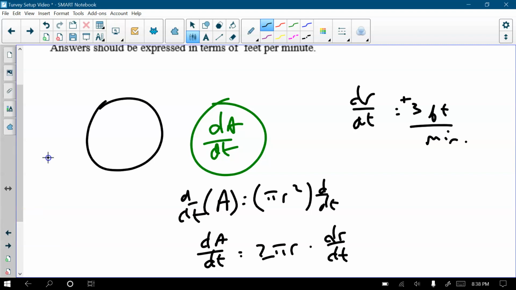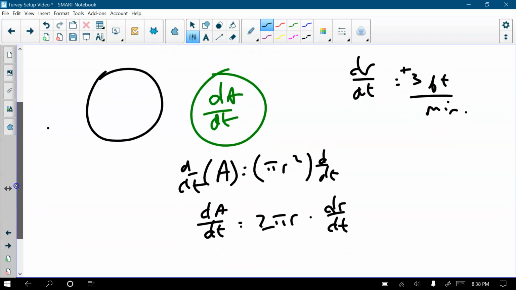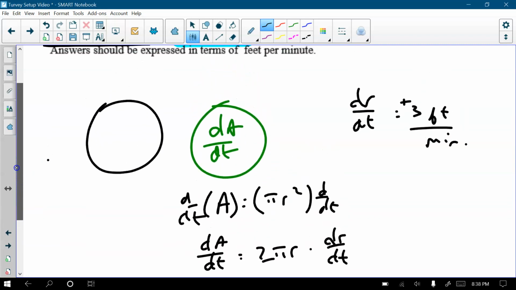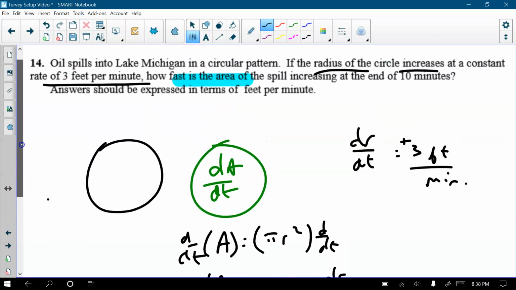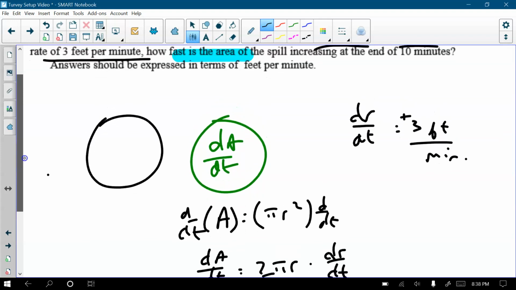Now, if I look to what I can plug in here, I'm looking for dA/dt. I don't have an r value, but I do have dr/dt. dr/dt is 3, but I need an r.